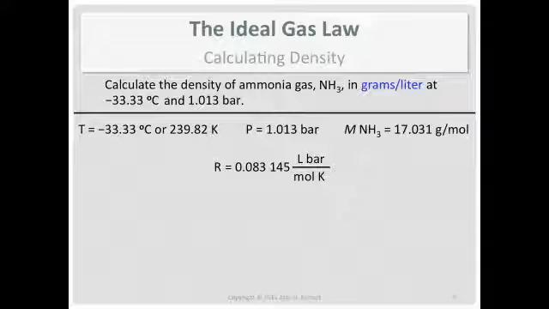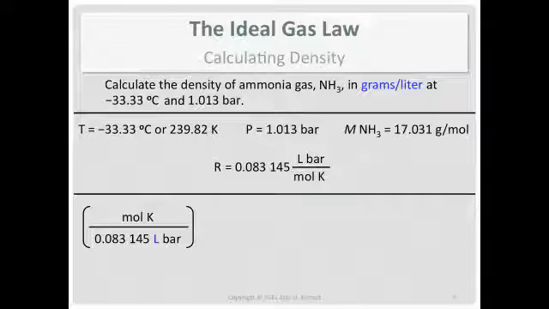Well, the grams per liter tells us per liter. We want liters in the denominator. So we're going to take the value of R, take the reciprocal. If you go back and look at the mathematical formula for density, it's capital M, molar mass, P over RT, over R, divide by R. Well, see, we got there without memorizing that mathematical formula.